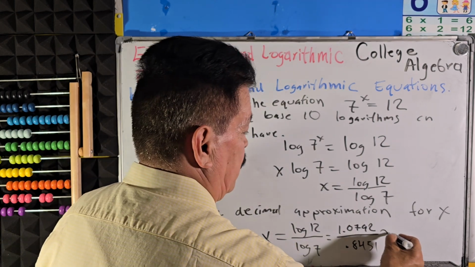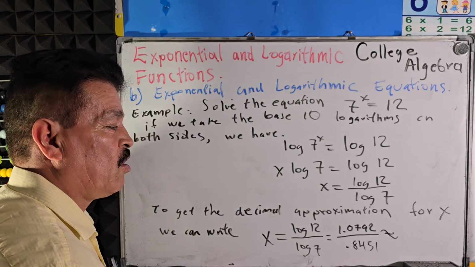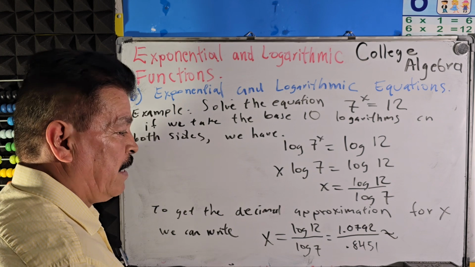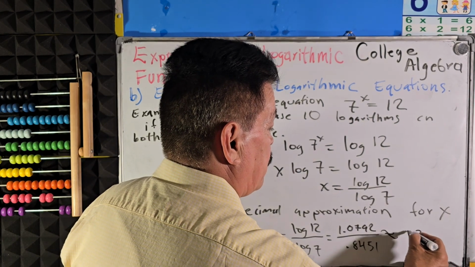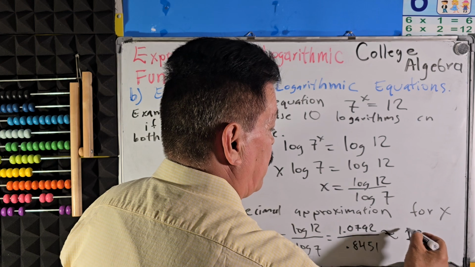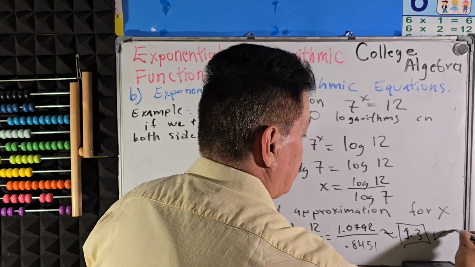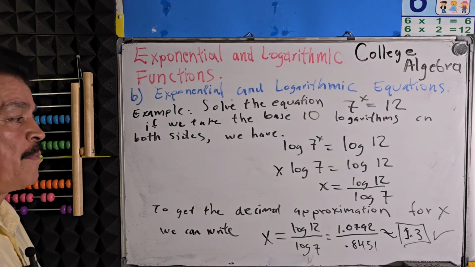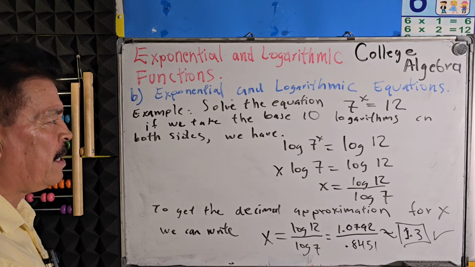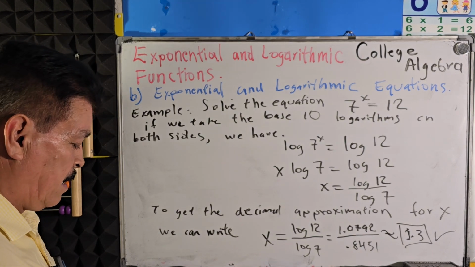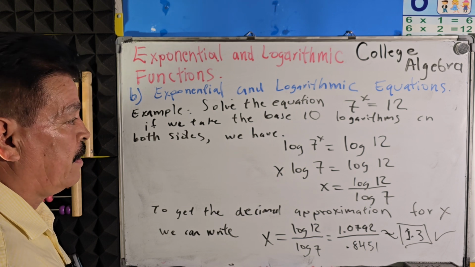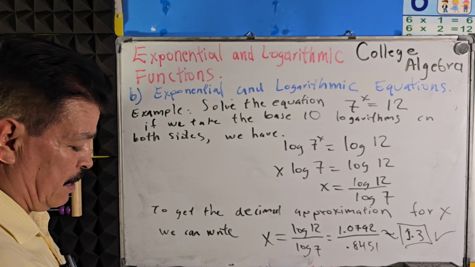Okay, so then you make a division, and it will equal 1.3. So that's it. That's the answer to this problem. Easy, right? It's not hard. It's not complex.